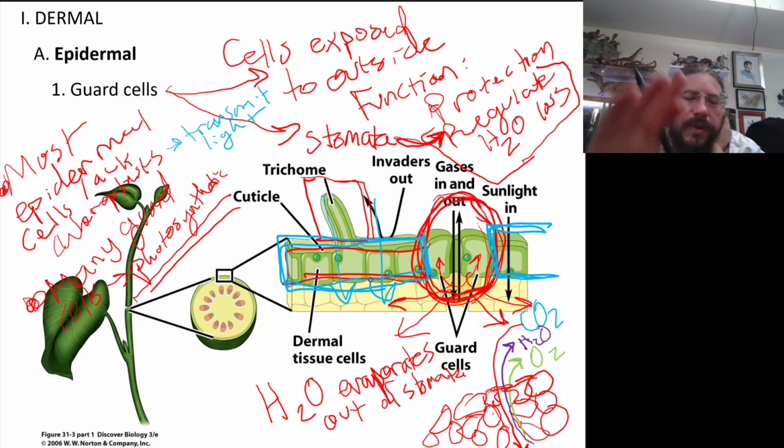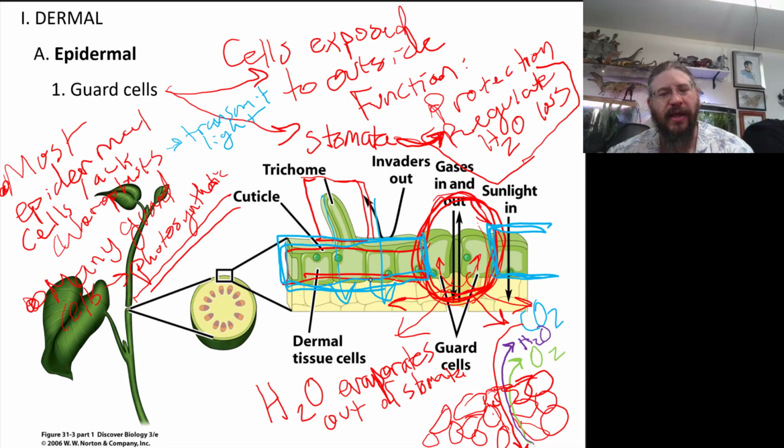So, guard cells are the epidermal tissue that make up the stomatal opening. Epidermis in general are the cells exposed to the outside. Guard cells make up the stomata and they regulate water loss. To a lesser degree, the whole epidermis regulates water loss just by being a barrier. But the guard cells specifically make up that stomata that has to do with opening and closing for gas exchange and managing water loss.